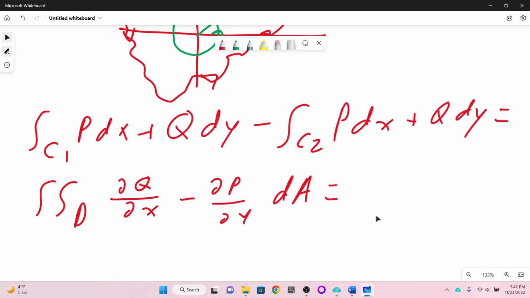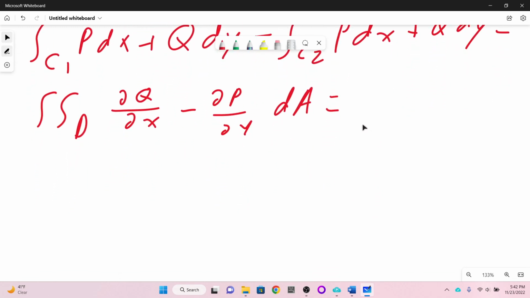So if you look back at how P and Q were defined, that's just a Calc 1 problem.